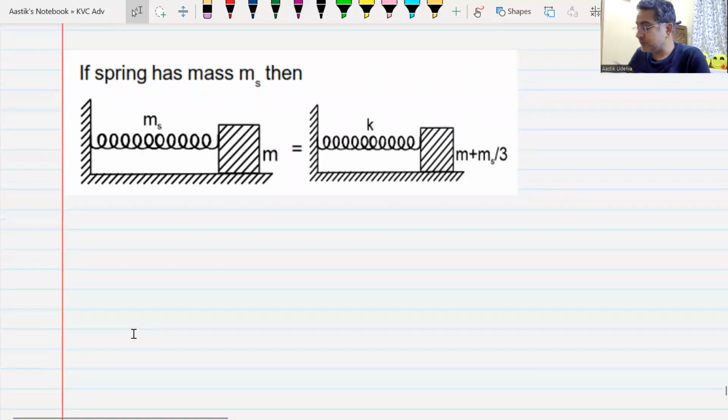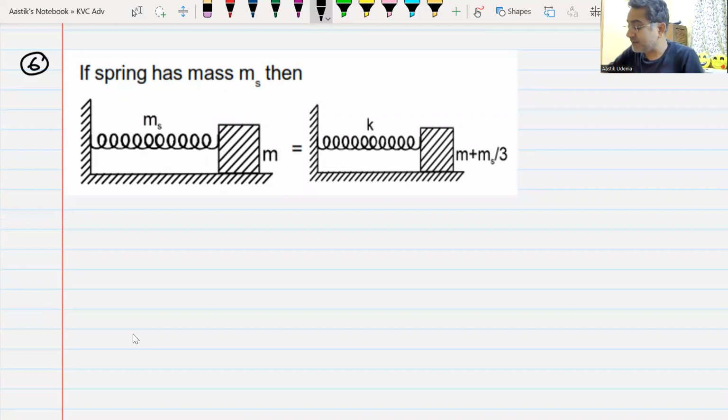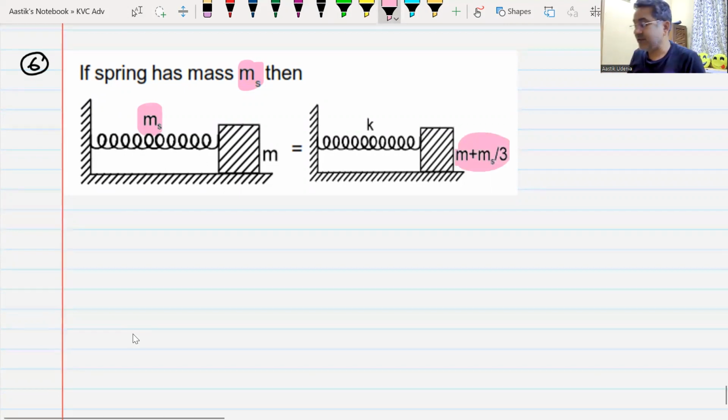In this case, the spring has a mass ms, so you might get a case where the spring has a mass. If you get a case like this, the only thing that has to change is the mass. The effective mass becomes m plus ms by 3. Because of the mass of the spring, the force is not constant in the spring, and that creates some mathematical complications.